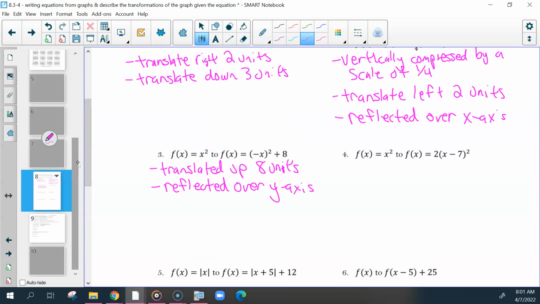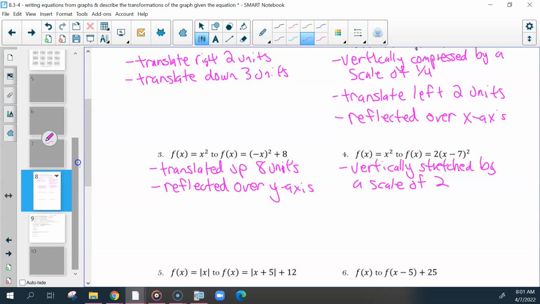We'll do 4, and then I'll let you practice. What is happening in number 4? Vertically stretched by 2. By a scale of 2. Right by 7.